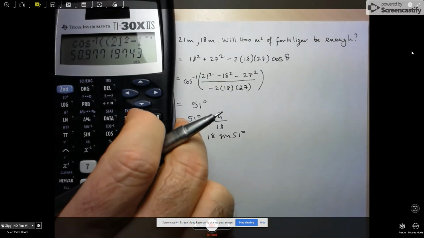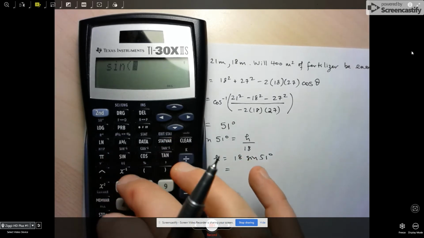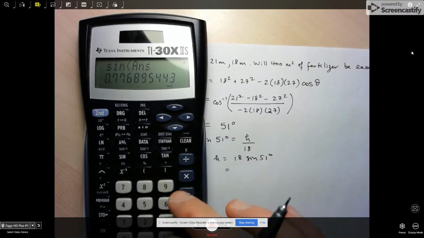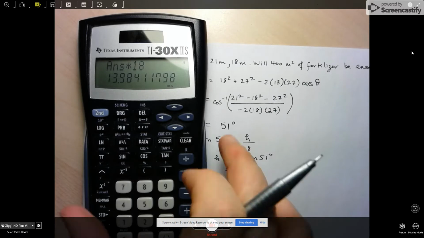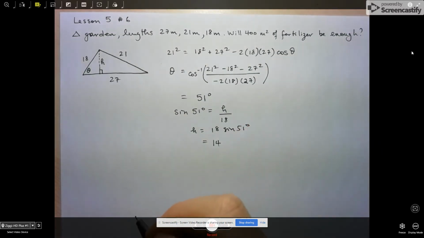And let's get that here. So let's take sine of the answer, if you have that on your calculator, times 18, which is equal to 13.98. So I'll just keep 14 there. 14 meters, and now we can use this to find the area of the triangle.